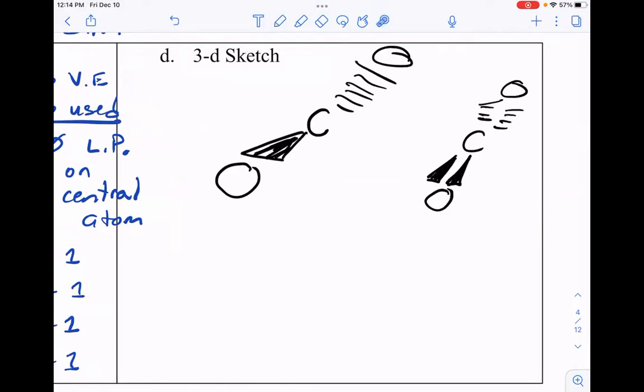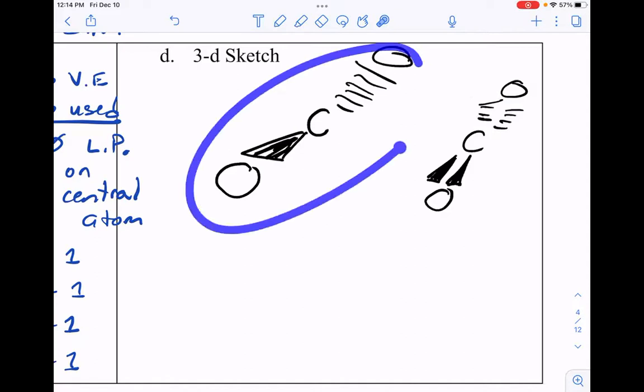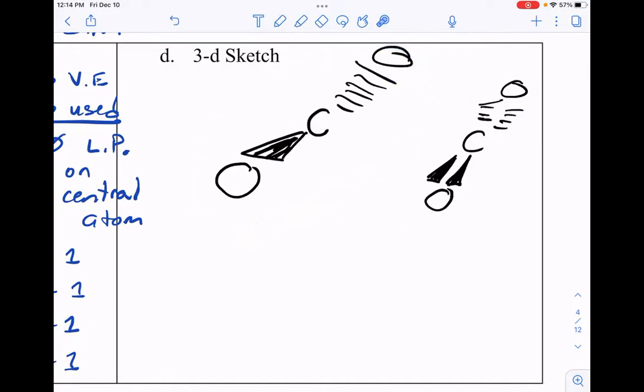And so this is just a 3-dimensional depiction, right? If you are doing this, it's not really describing the total number of bonds. They're just saying that whatever this bond is, whether it's a double, single, or triple, this oxygen is in front of carbon.